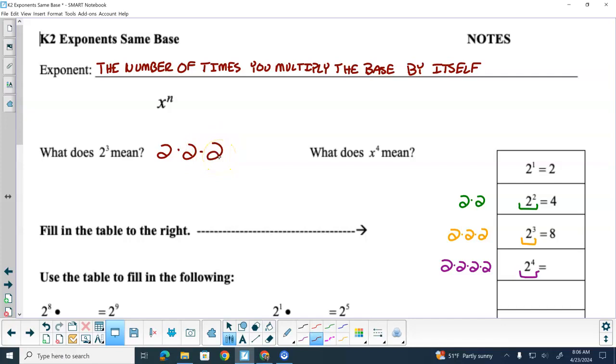What does x to the fourth mean? Yep. Means I need 4 x's, all multiplied by each other. Okay. All right. So now let's fill in this table.